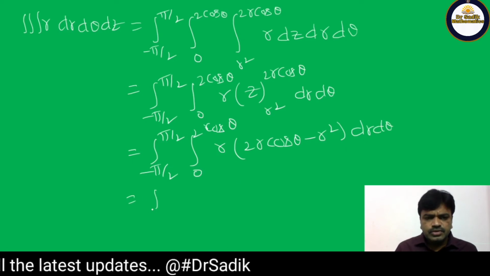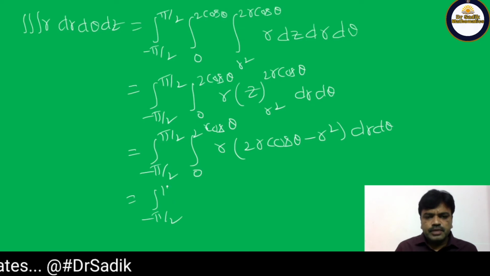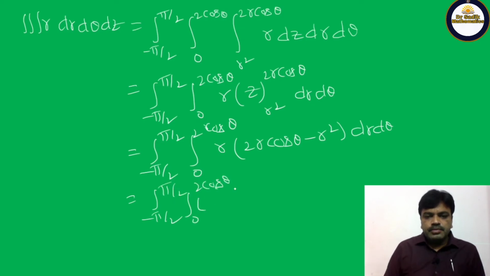That is equal to the integral from minus pi by 2 to pi by 2, integral 0 to 2 cos theta, multiply with the r, friends, we get 2r square cos theta minus r cube, dr d theta.